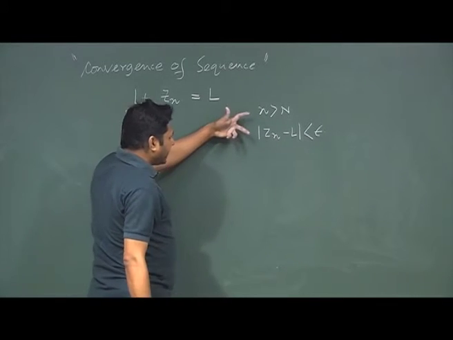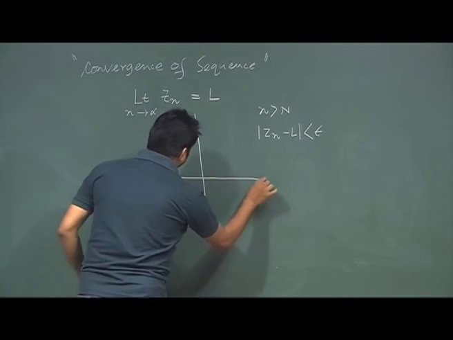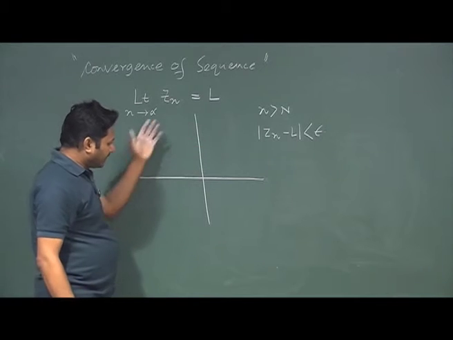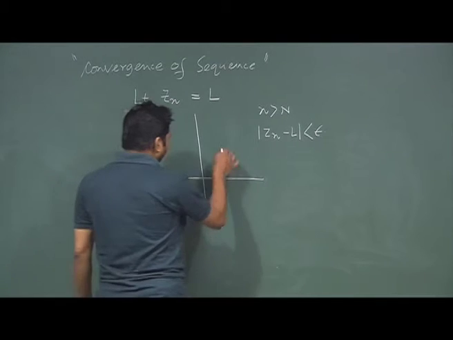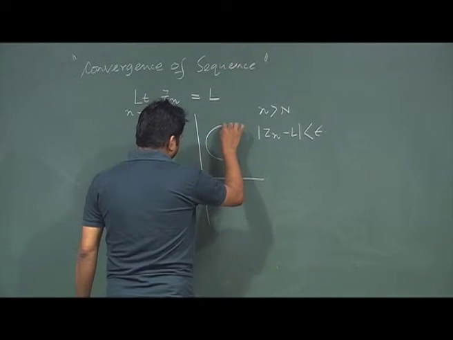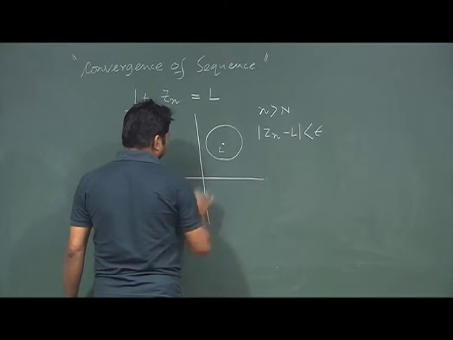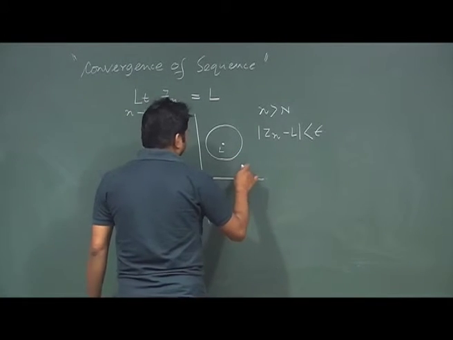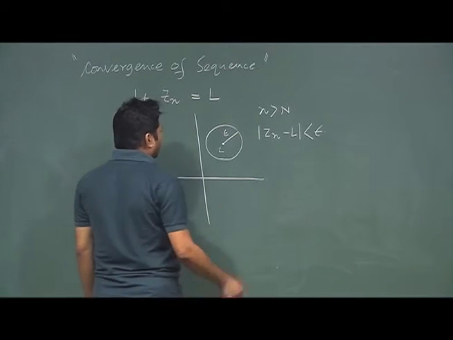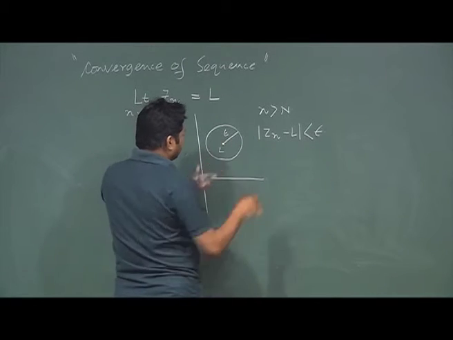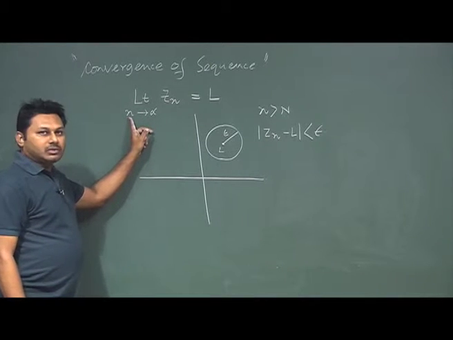So let me visualize these things. This is the domain I have, the complex plane, where the numbers are changing. Here the value is L, and this is epsilon, and the values are changing through n.